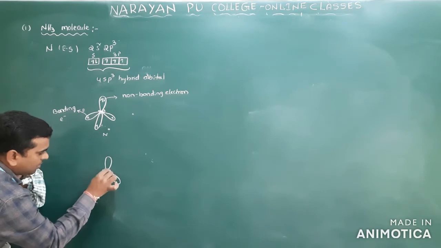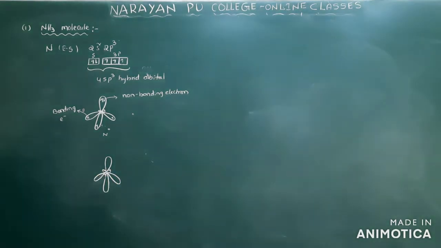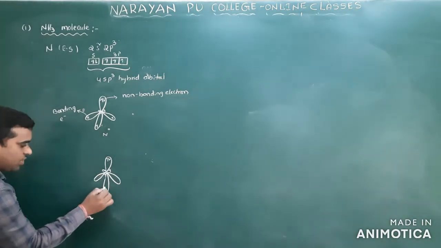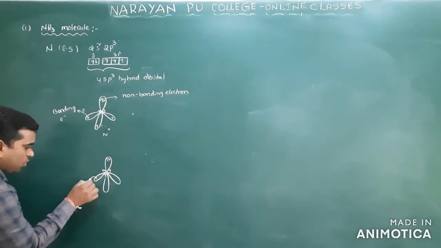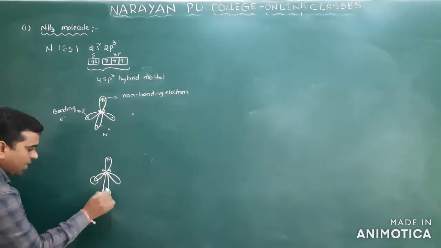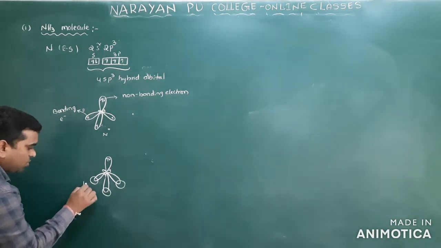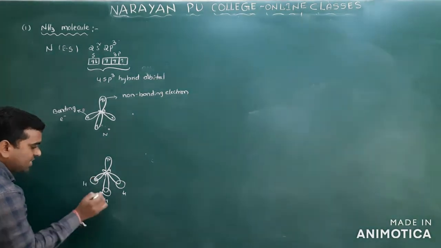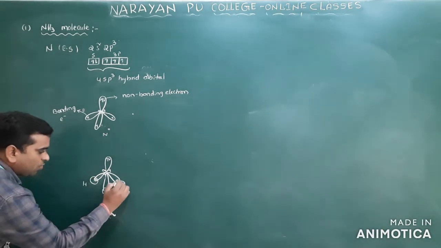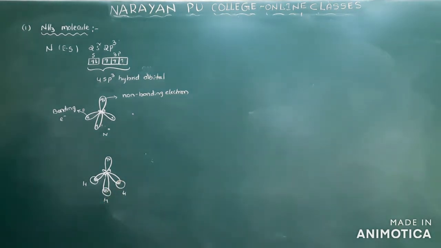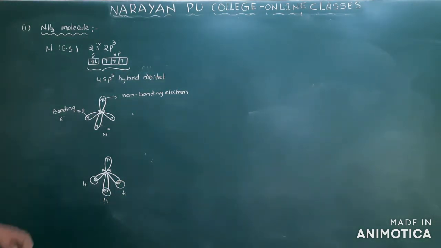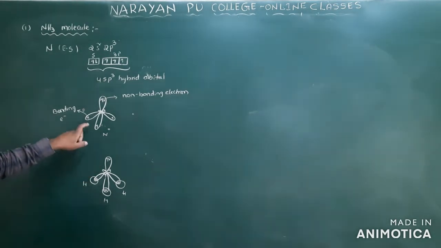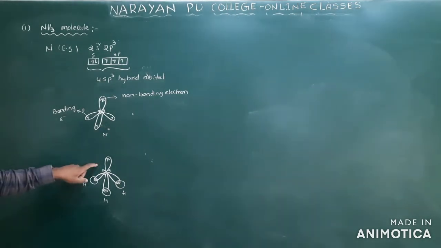Nitrogen has one electron here, one electron there. Now hydrogen overlaps. Each hydrogen gives one electron, and these are involved in the bond formation. Now, is the non-bonding electron pair involved in any bond formation? No. Only these 3 electrons are involved in bond formation.